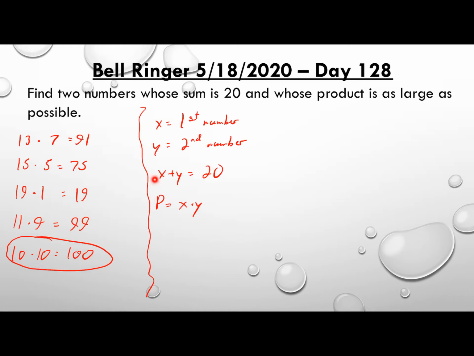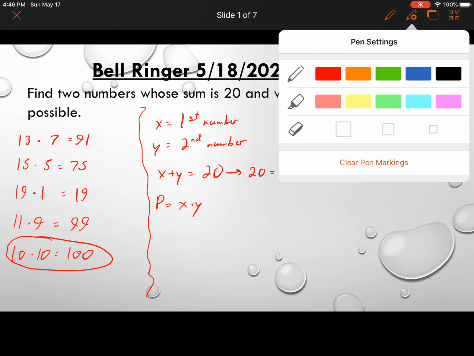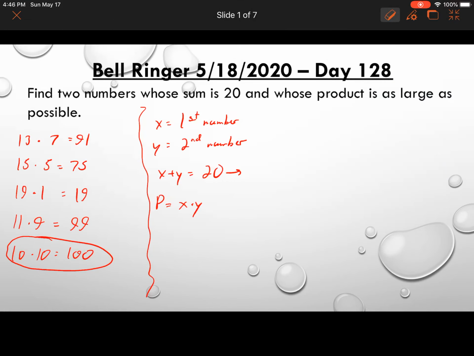I'm going to rewrite X plus Y is equal to 20 by subtracting X from both sides, and I get Y is equal to 20 minus X. Now I can rewrite this product equation as X times 20 minus X, which gives us 20X minus X squared.